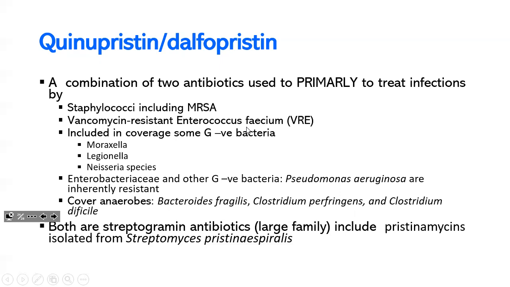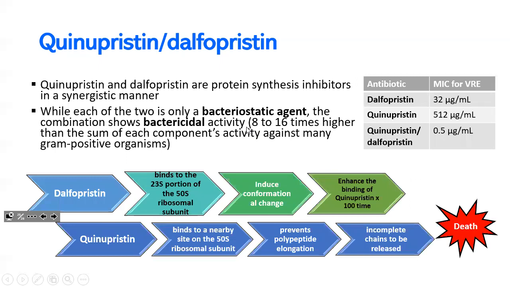Those agents also started from Streptomyces. So this bacteria provides us with plenty of antimicrobials. Now, the most important pharmacological aspect of this combination is how the synergistic effect shows. They are synergistic to each other, though both of them act as protein inhibitors. So this is not from different groups, but how could we translate the synergy into numbers?